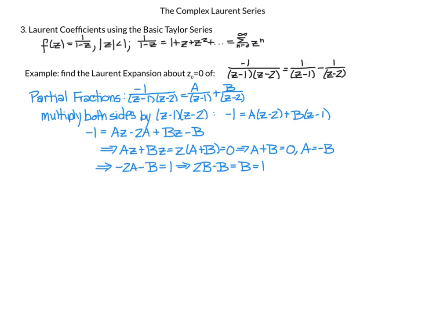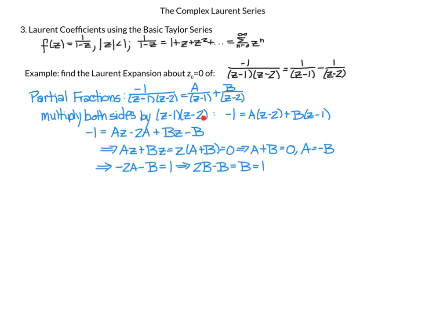So let's start with negative 1 over z minus 1 times z minus 2. What we want to do is break that down into a sum of two fractions, the first one with the denominator z minus 1, and the second one with the denominator z minus 2. Once you have this form written down, the only thing you have to remember, and everything else will fall out, is you multiply both sides of the equation by z minus 1 times z minus 2.